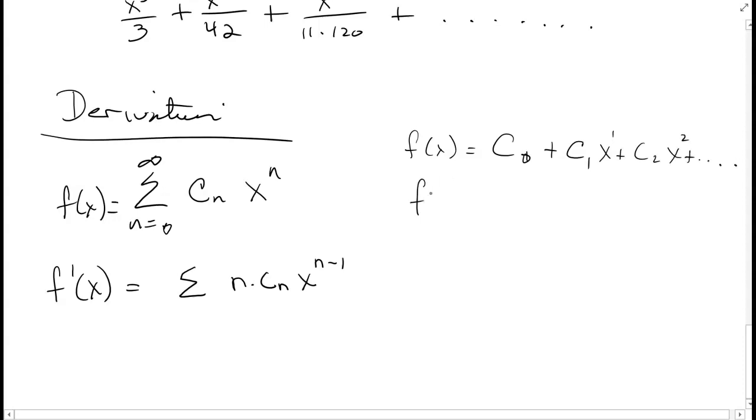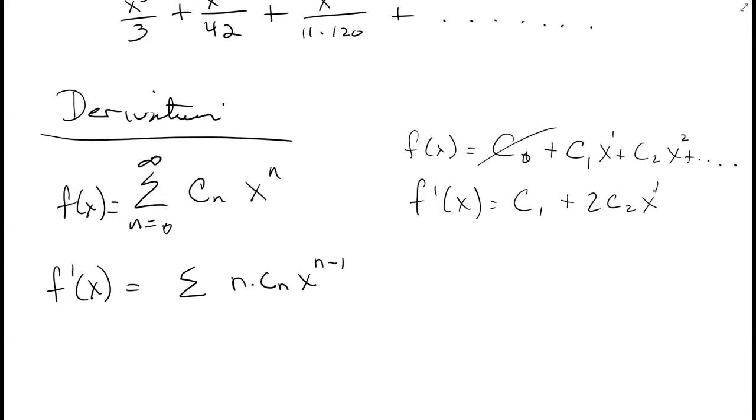What happens when you take the derivative of this expanded series? First term goes away, and you're just left with c sub 1, right? Do you see that? So you have to make sure the derivative gets you that.